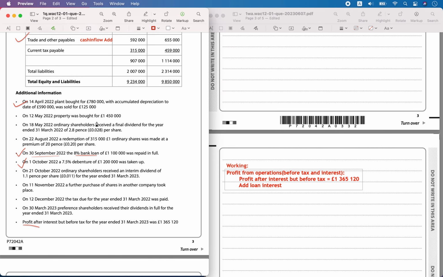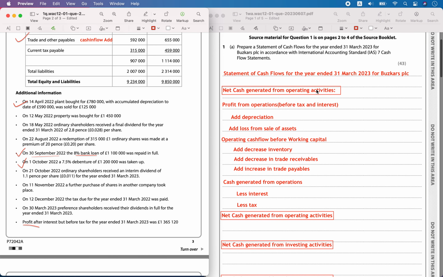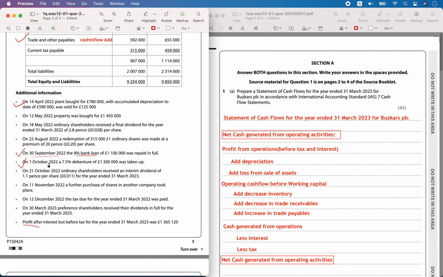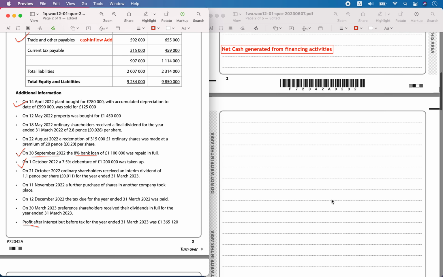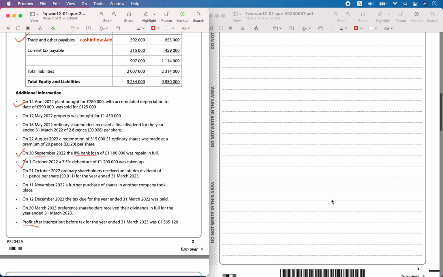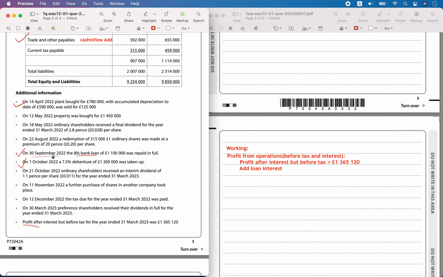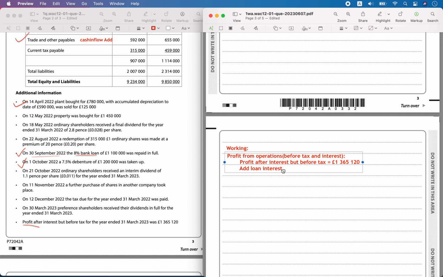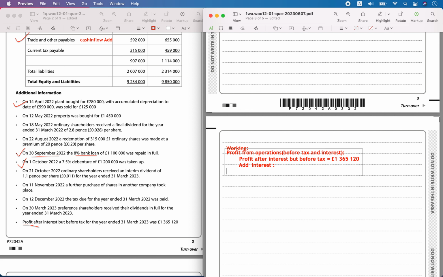Now we can see that the cash flow statement is being prepared for 23rd of March, and these have happened somewhere in between in 2022. So we have to calculate the interest only up to that period. So for example the 8% bank loan, add any interest. So first one is a bank loan. Let's write bank loan.